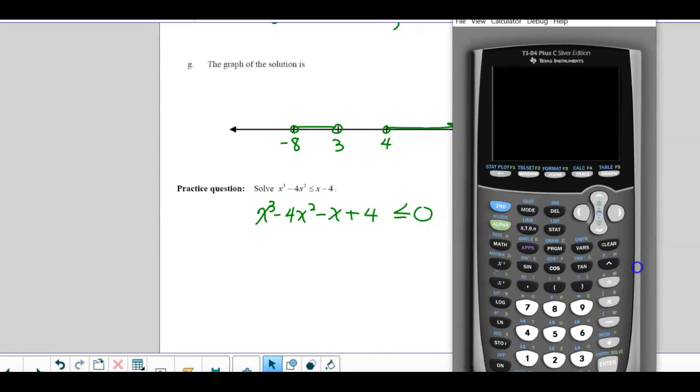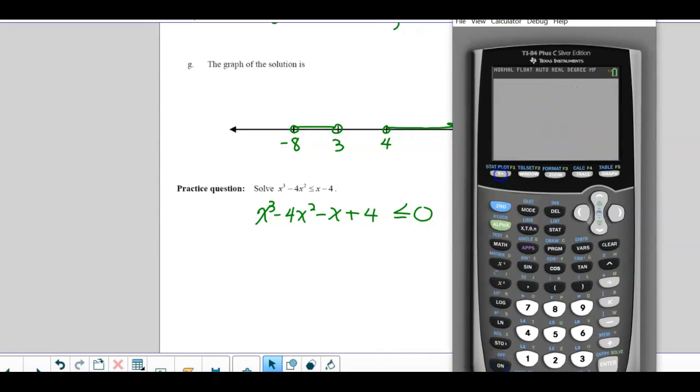Clear off that equation, or your last one, x cubed minus 4x squared minus x plus 4. Oh gosh, let me do that again. x cubed minus 4x squared minus x plus 4. And then graph y equals 0 as well.